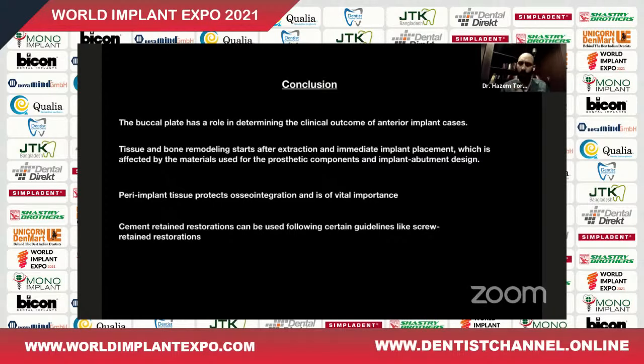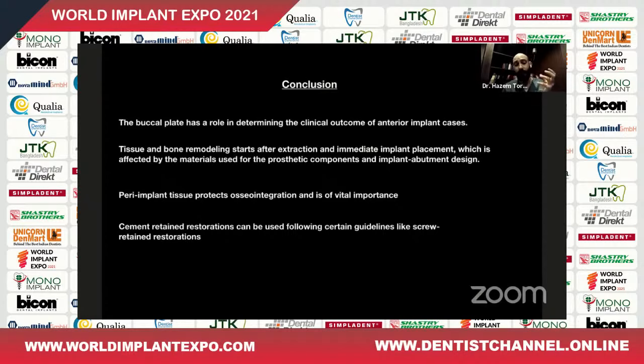Do we need to go for grafts and augmentations and ridge preservation techniques when we have thick buccal plates and thick tissues in a posterior molar region? We talked about tissue and bone remodeling and how it starts immediately after extraction and immediate implant placement, which is of course affected by the materials we use and the prosthetic components together with the implant abutment design.